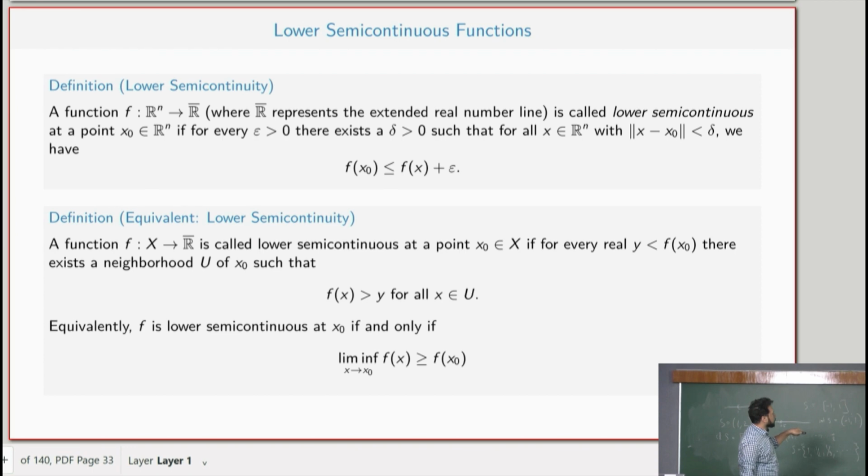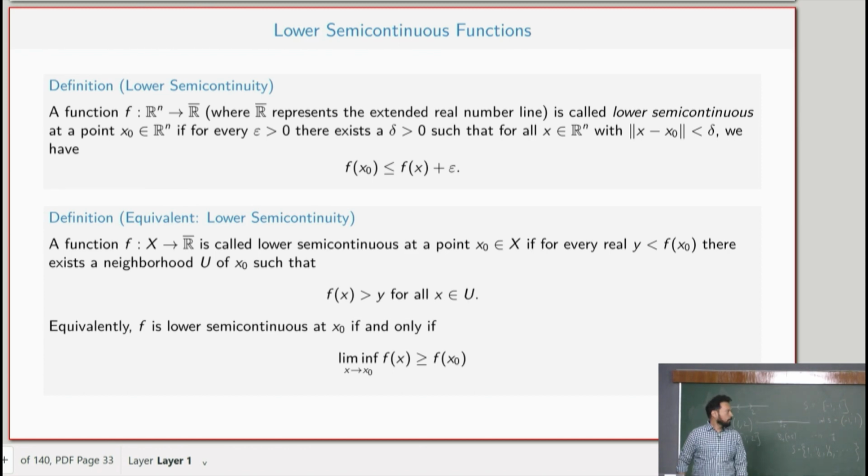A function f from X to R bar, where R bar means the extended real system. The extended real system also includes -infinity and infinity. Real numbers as such don't include infinity or -infinity, but we can build an extended real system. What it says is that a function is lower semi-continuous at a point x naught in the domain if for every real y which is less than f(x naught), there exists a neighborhood, meaning a ball in analysis, U of x naught such that f(x) is greater than y for all x in that neighborhood.